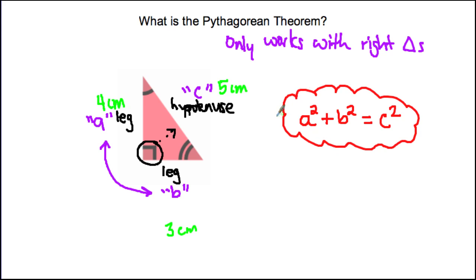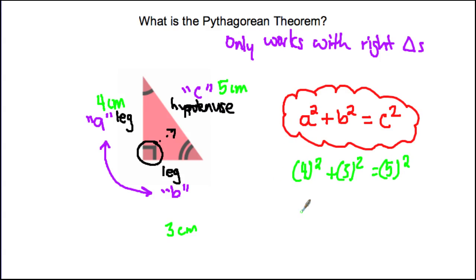I'm going to substitute in my values and see what I get. Essentially, I'm doing a check step. The length of A, based on my diagram, is 4 squared, plus B is 3 squared, and C is 5 squared.